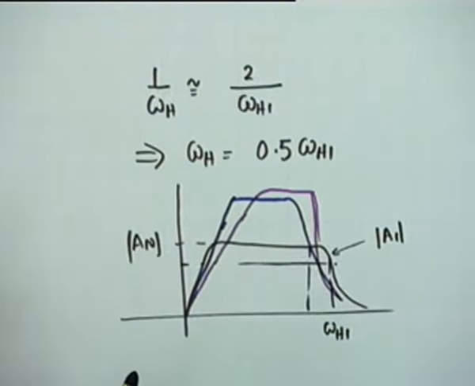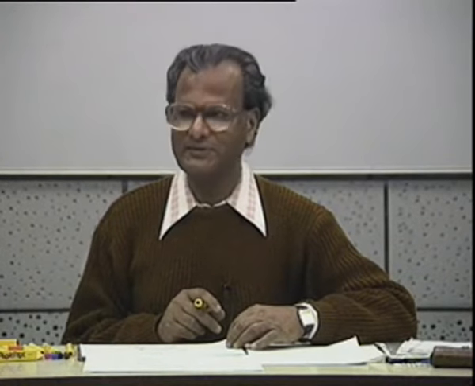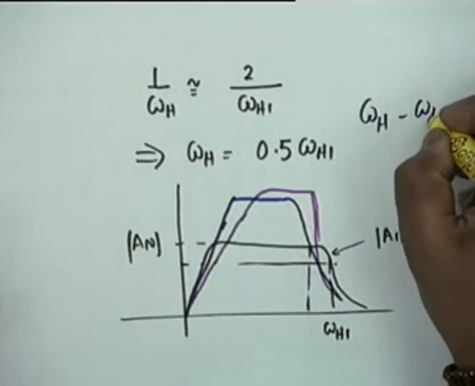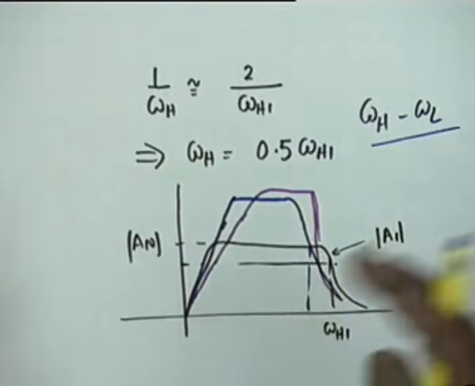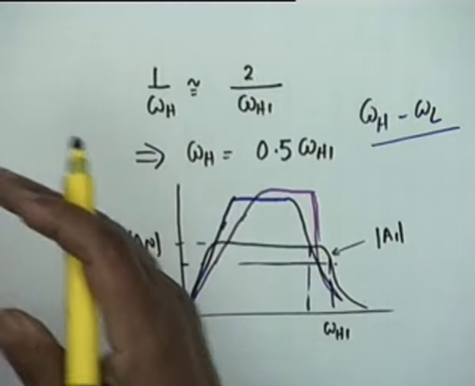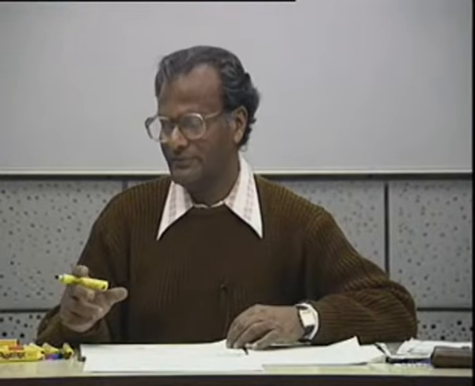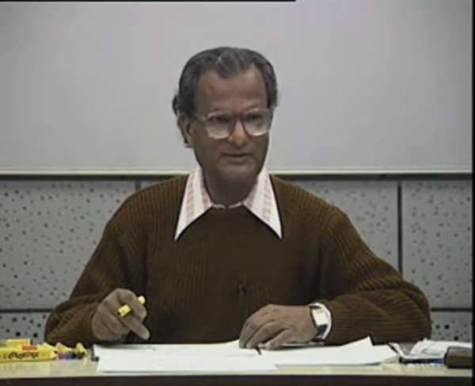The point to be remembered is, if we increase the gain, the bandwidth comes down. The bandwidth is omega H minus omega L, the high frequency cutoff minus the low frequency cutoff. So if omega H goes down, naturally the bandwidth goes down. At the cost of bandwidth, we increase the gain.